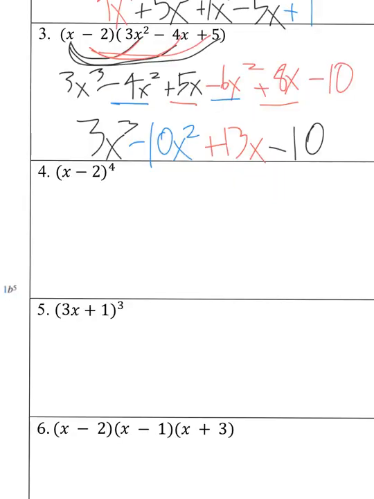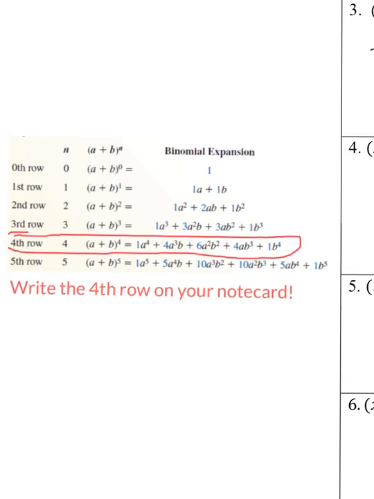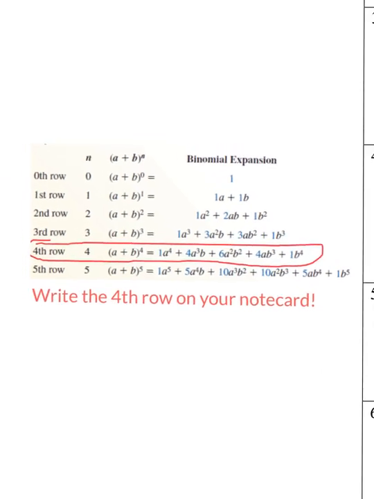Okay, so number 4 is a binomial expansion to the fourth power, and that would normally take a lot of time if you were to do it like you did number 3, where you write everything out and distribute it. So looking at your 5.2 notes, I covered the Pascal's triangle for binomial expansion, and in the fourth row, it has the pattern that it's going to make.